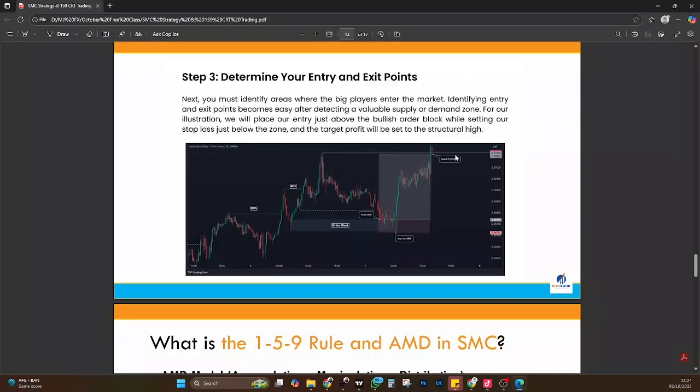How do you determine your entry and exit points? If you get a clear order block and do your entry at a retest, the next place you should target is the last swing high.